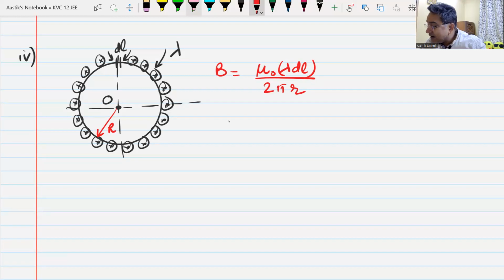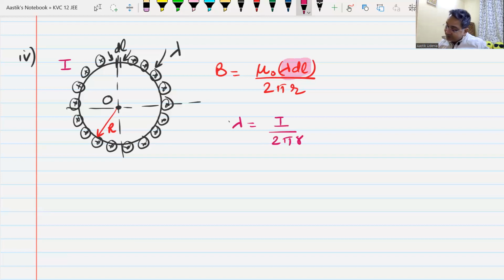Now instead of this lambda into dl, they could give you that the total current is I. If the total current is given as I, then you can find out lambda as I by 2 pi r.